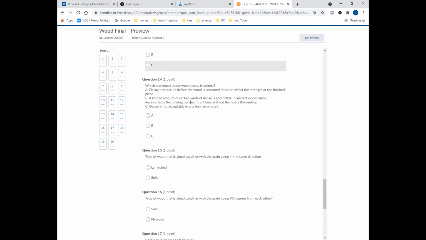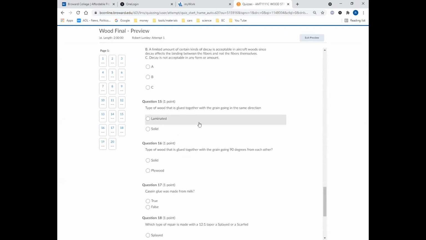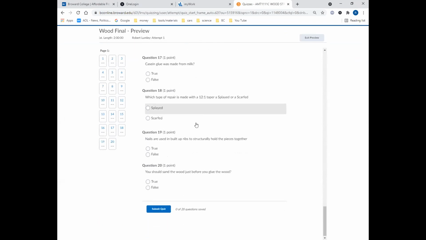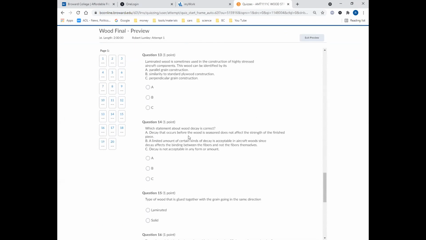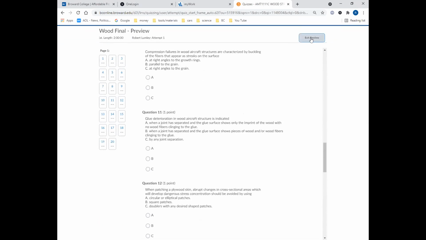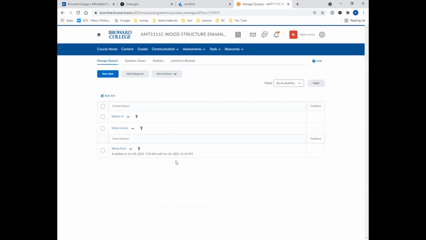Basically there's 14 FAA questions, and then there's the Bob questions. The Bob questions are true and false, or is it this one or that one? So they're multiple choice, but basically true, false type of questions. Are we good there? Yes, sir.